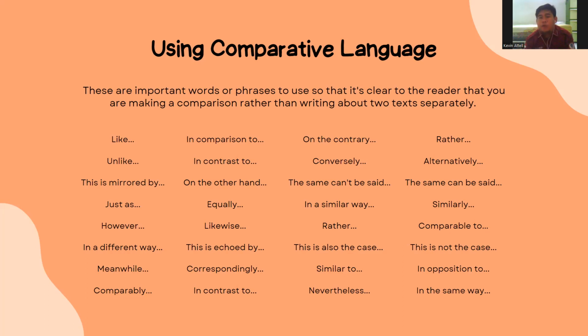We have a lot of comparative words that we can use to compare something. Because when we use comparative language, our response or our text becomes much more complex and much more professional in these modern days. So go ahead and take a screenshot. I will give you, I guess, 5 seconds, if you want to take a note of it. No? Okay. 3, 2, 1.